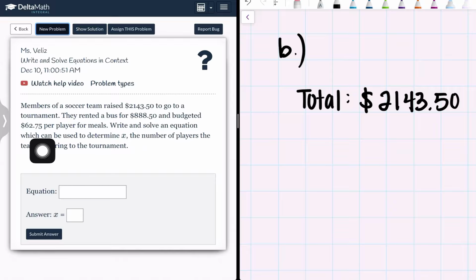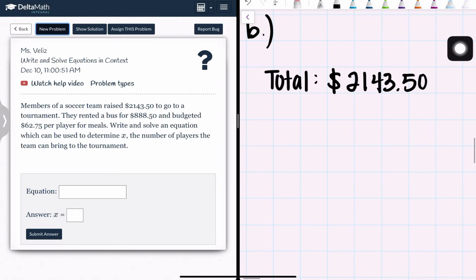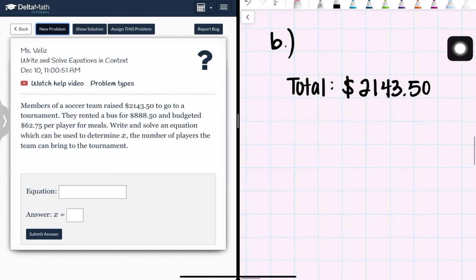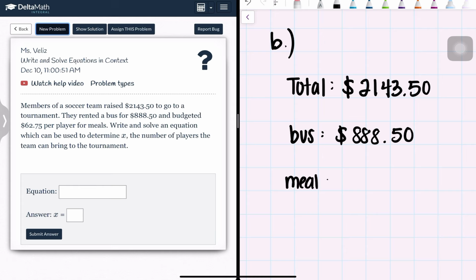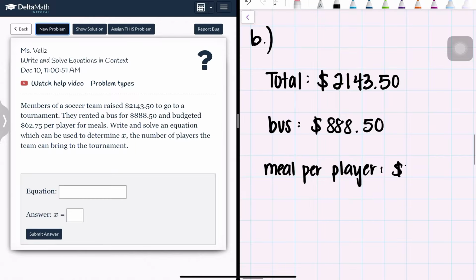It says that if they rent the bus, that's $888.50, and the budget for each player is $62.75 for meals. So the bus total is $888.50, and the meal per player is $62.75.